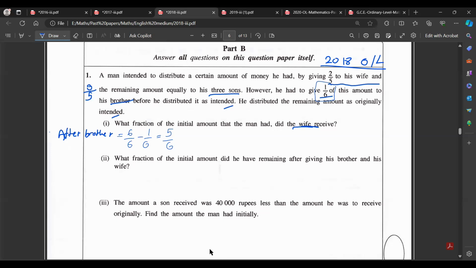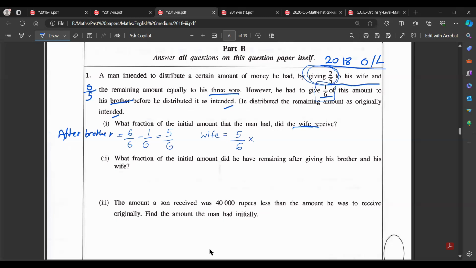By that, they are giving 2 out of 5. So what is the fraction for the wife now? Now we have 5 out of 6 of the remaining.